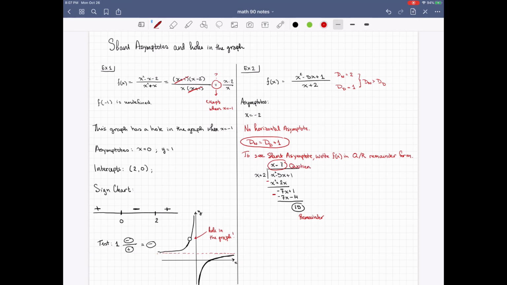So if we were to write this in quotient remainder form, we would say that f of x is equal to x minus 7 plus 15 over x plus 2. And this right here is our slant asymptote.